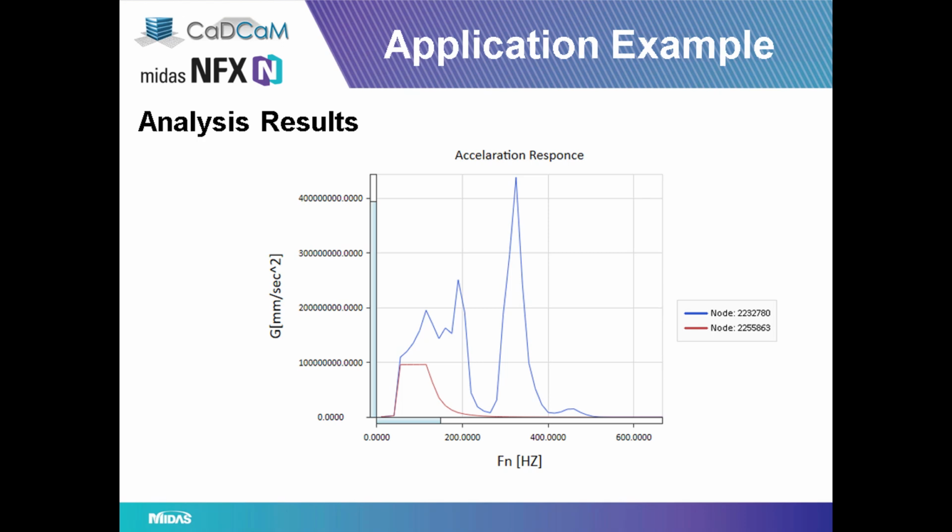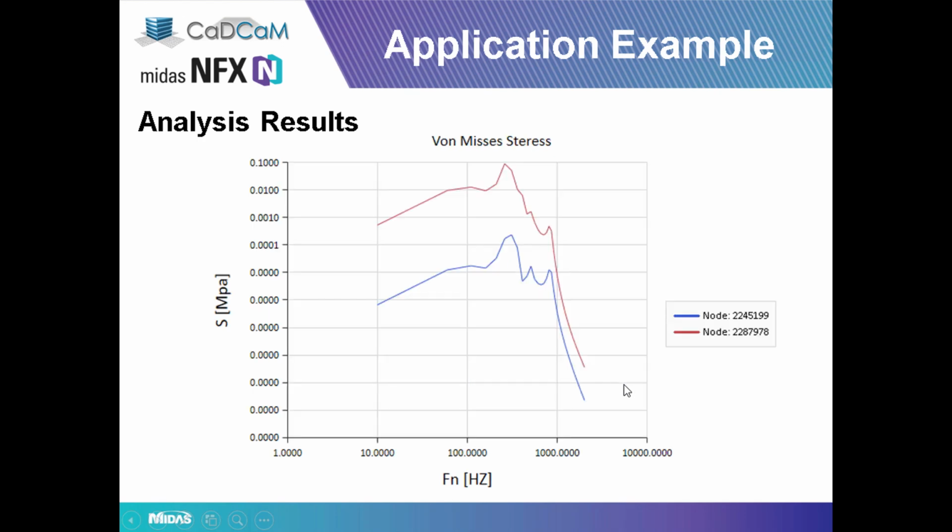We can get the results also on the graph of G, which is the vertical axis, and the spectral Fn, 0 to the maximum span that has been checked. Also, we can present the stress as a function of frequency.